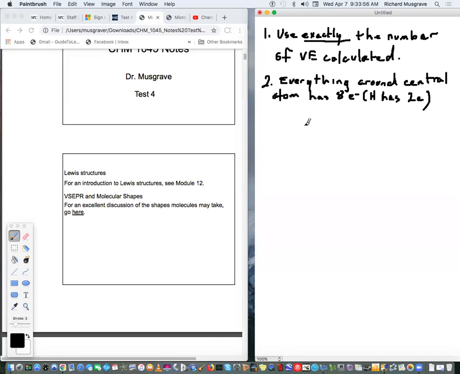Now, there are a couple of exceptions we can make about this, and it mainly refers to the central atoms.